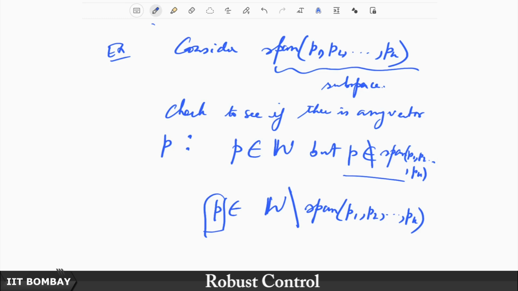You can carry on: with k plus 1 elements, consider the span of P1 through Pk and P, and try to find out if there is any other vector in W which does not belong to the span of these k plus 1 vectors. If it is still possible to get such a P, include that. Then you have k plus 2 elements. You keep extending like this until you are unable to find one.